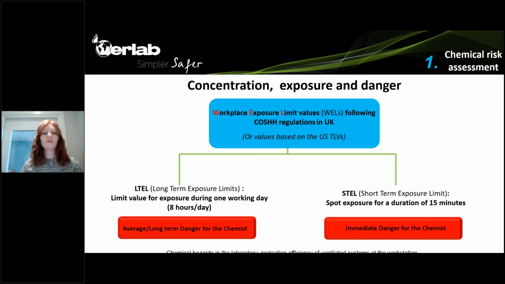If we consider 8 hours of a work day, it is calculated on an average of 40 years of working, and this is how we determine a long-term danger for the chemist. Then we have the short-term exposure limit, which is an exposure for a duration of 15 minutes that can create immediate danger for the chemist.